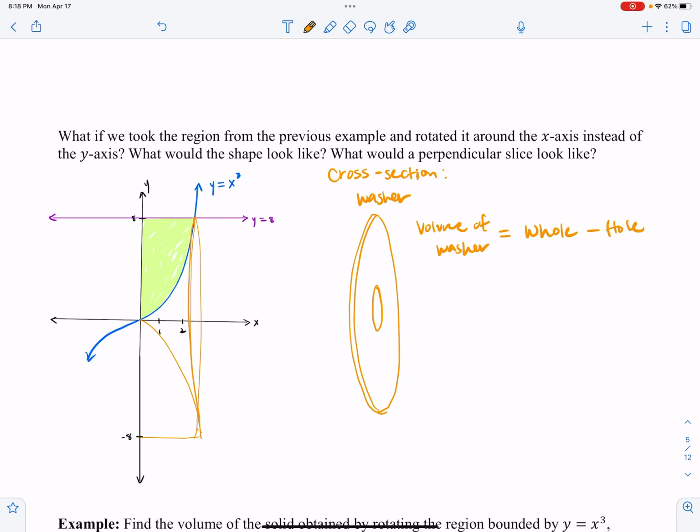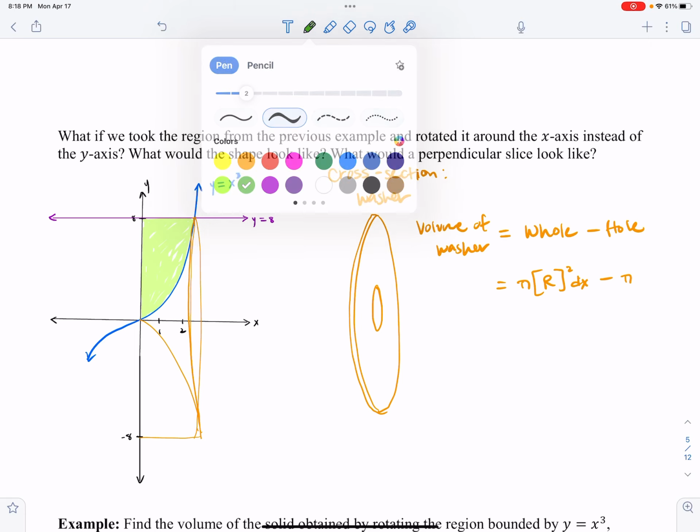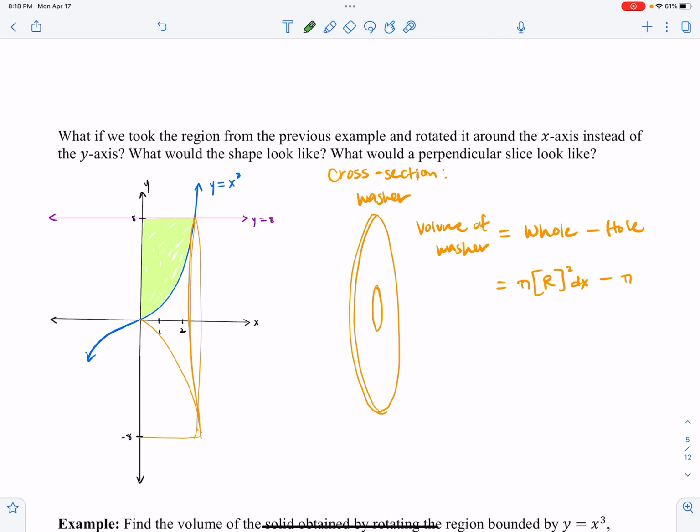The volume of the disc, which we know is pi r squared dx, minus the volume of the hole, which we could say is pi, how about little r? Right? So we could think about having big R and little r.